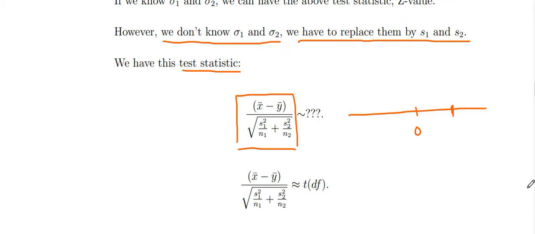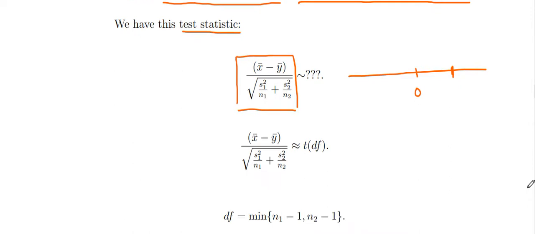Such a question is actually a tough question. The exact distribution is very complicated, so we can only say it will roughly be close to a T distribution. Then what is the degree of freedom?